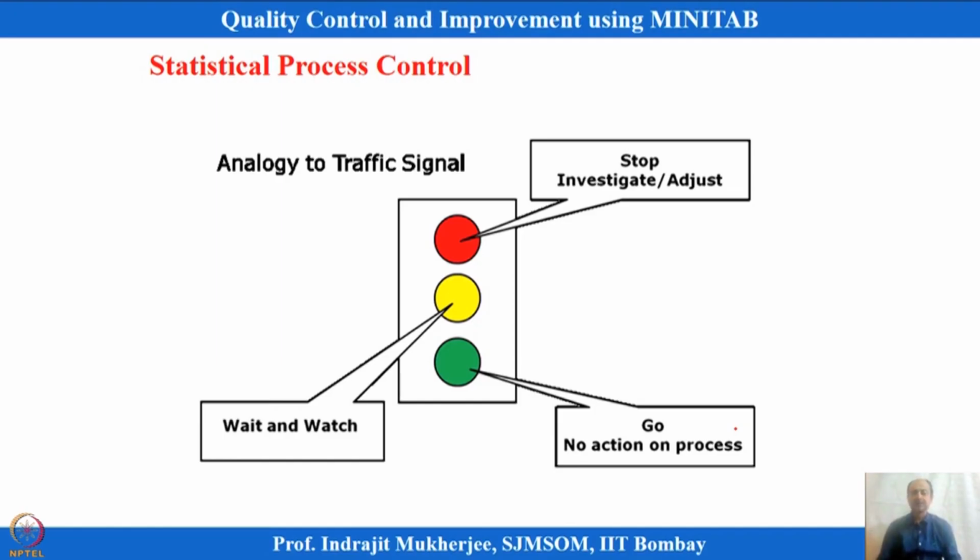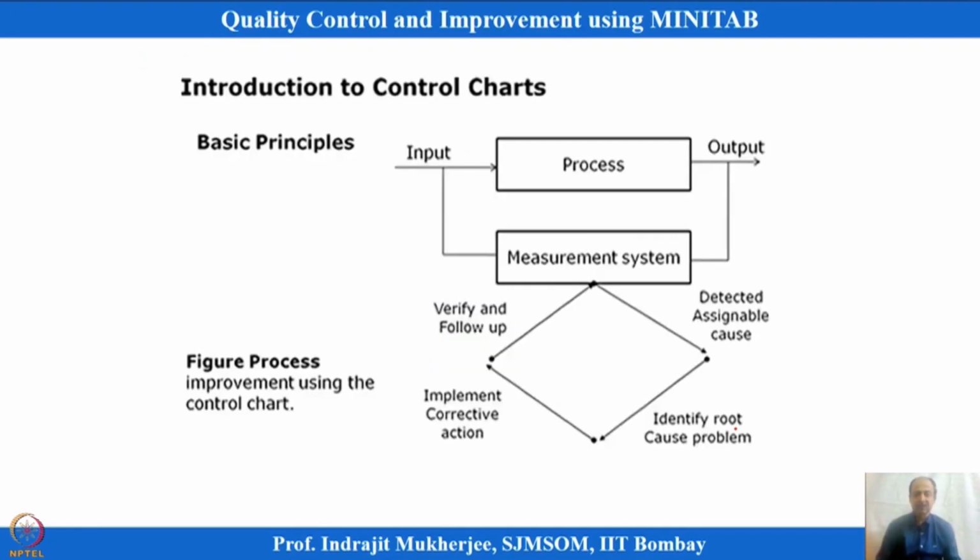It works like a traffic signaling system: green when everything is right, yellow to be precautious, and red when it is going out of control. There is some abnormal cause, and you take precautionary actions. This is what we do in statistical process control.